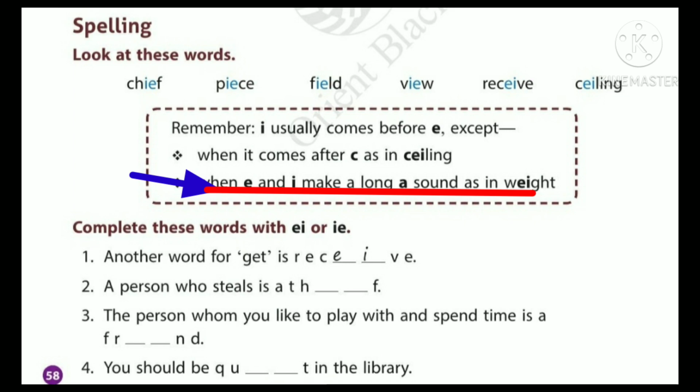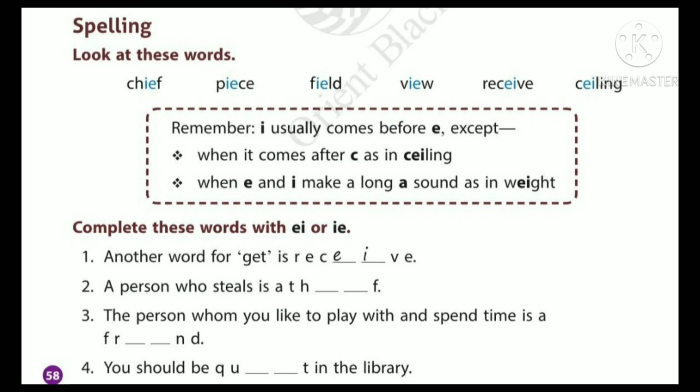So, which are the cases? When E and I come after C. After C, we have to use E, I. And also, when E and I make a long A sound, we have to write EI, not IE. We have to use EI. So, read once more.